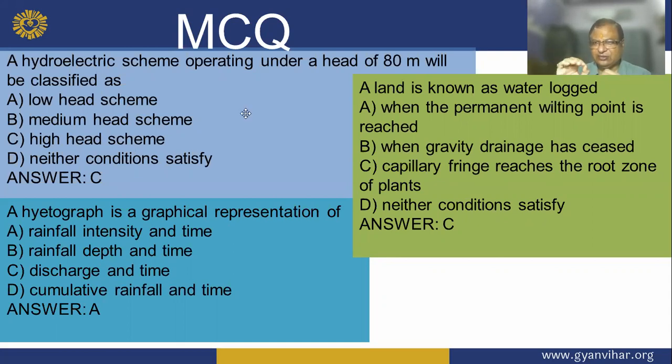A land is known as waterlogged. Just you have read. What is waterlogging? So answer is C, capillary fringe reaches the root zone of the plant.